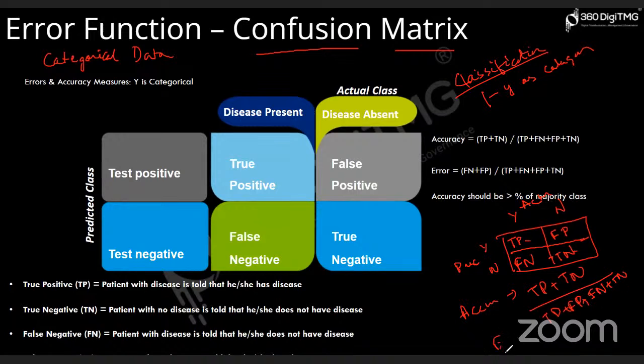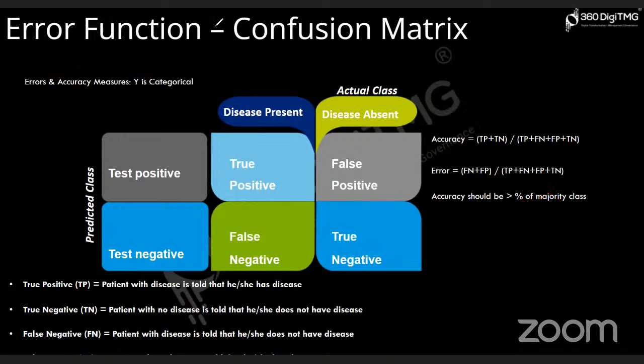Similarly, error will be both the error terms divided by the total number of terms. So this way we evaluate the categorical values.